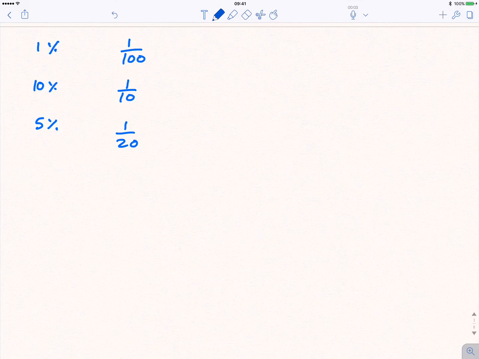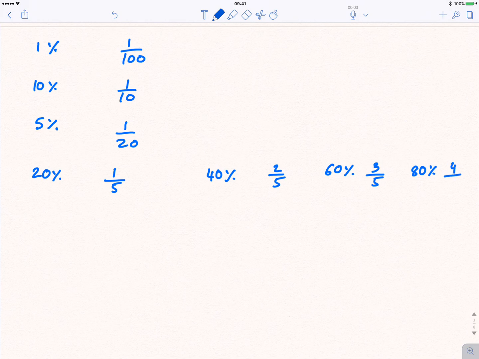We need to know 20%, which is just a fifth. Now, if we know 20% is a fifth, that means 40% is 2/5. 60% is 3/5, and 80% is 4/5.